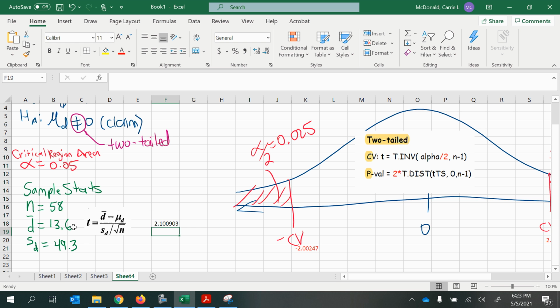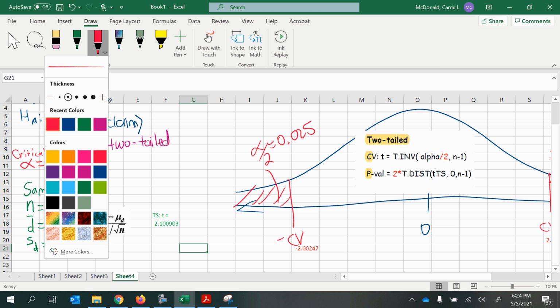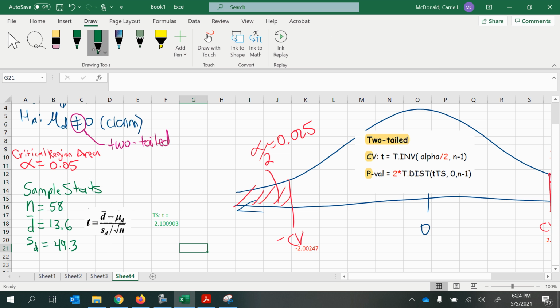Okay, so this is our test statistic right here. All right, and where does it go on our sketch? In relationship to this critical value, it's just a little bit past it, so it does fall in the rejection region. We would reject the null hypothesis here, right? So right in here, just barely made it.